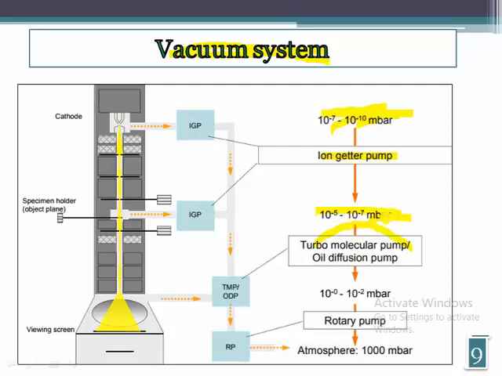In between this millibar range, our specimen will work all the time. And here there is a rotary pump, meant to reduce the atmospheric gas. At this pressure we will reduce the interaction of the sample with the atmospheric gas molecules. So at 3 stages our vacuum system is arranged.